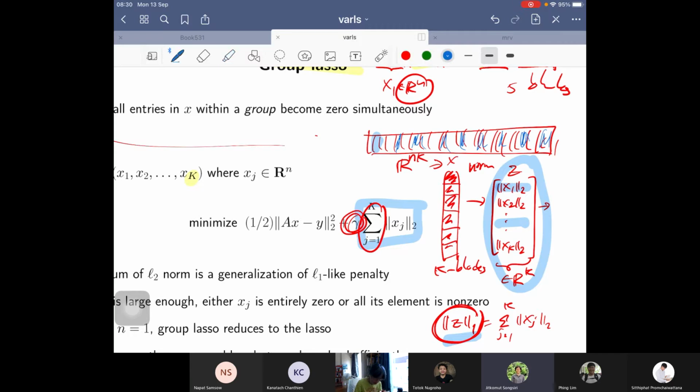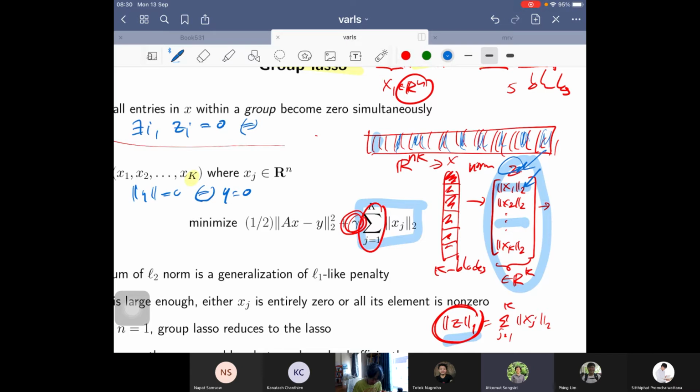So the vector Z is sparse, but the entries of the vector Z are the L2 norms of blocks in X. So there are going to be some entries i where Zi is 0. You know that any norm has the property that the norm is 0 whenever the vector itself is 0.